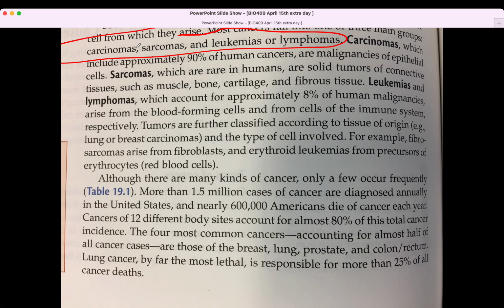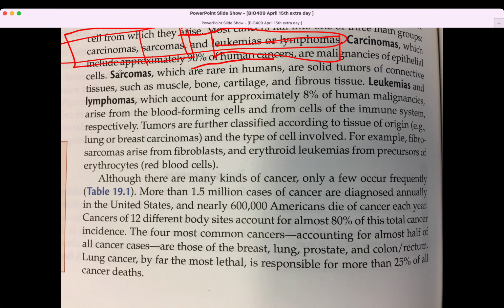And they are solid tumors and blood tumors. So tumors of the blood aren't solid tumors, they're cells moving through the blood or the lymph system. And of these, the solid tumors are generally carcinomas or sarcomas. Carcinomas are almost all of human cancers. They're the most common ones. And they're malignancies of epithelial cells.